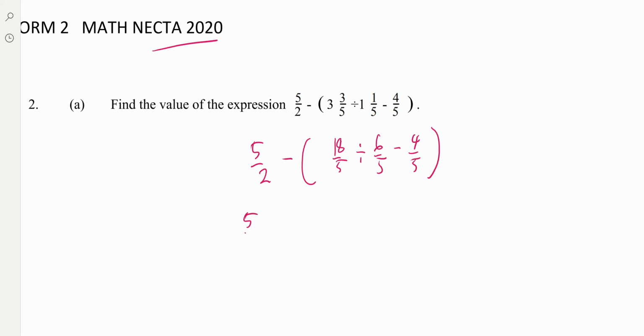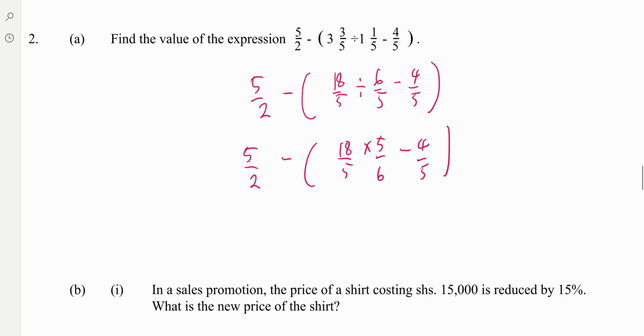You continue the fraction: 5 over 2 minus, in the bracket, 18 over 5 times 5 over 6 minus 4 over 5. So you'll be having 5 over 2 minus, you simplify by 5, 1 by 5, 1 by 6, 1 here 3. So you have 3 minus 4 over 5.